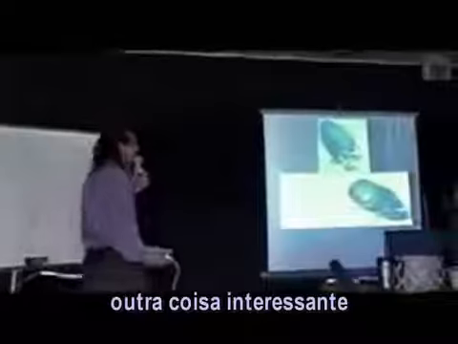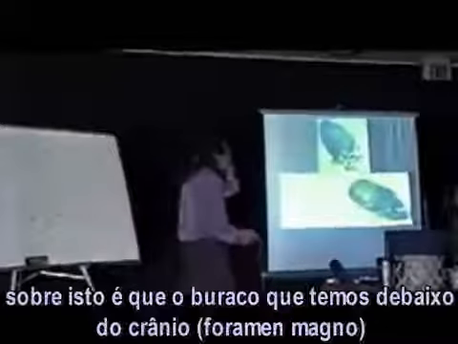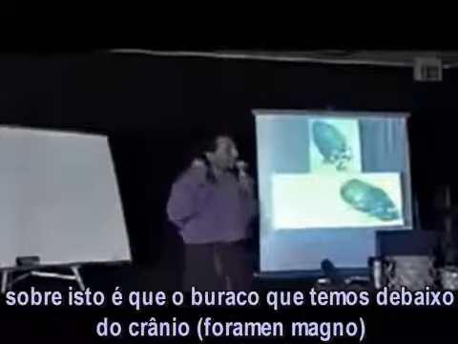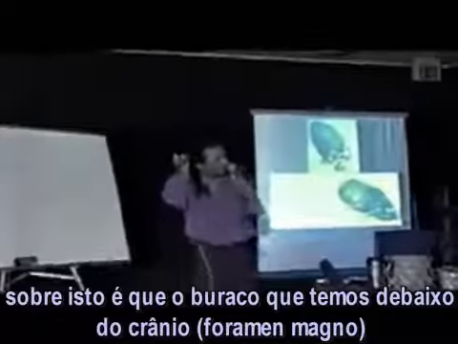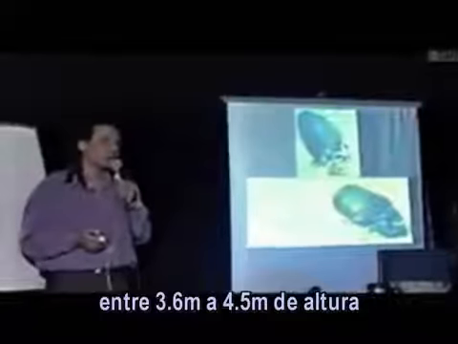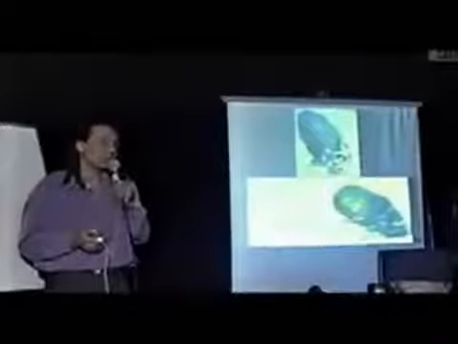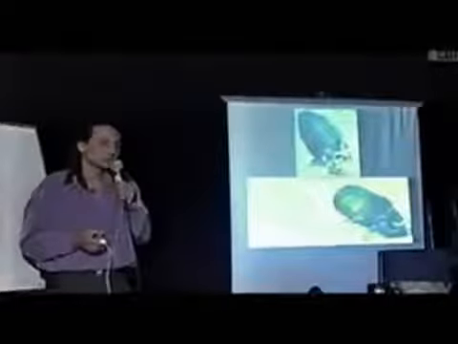The other thing that's interesting is that the hole at the bottom of the skull here, where the atlas and the spine go in, tells you how big the person was, because you can figure it out from the size of the spine. These people had to be between 12 and 15 feet tall.